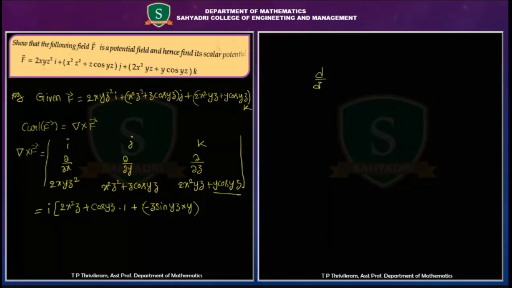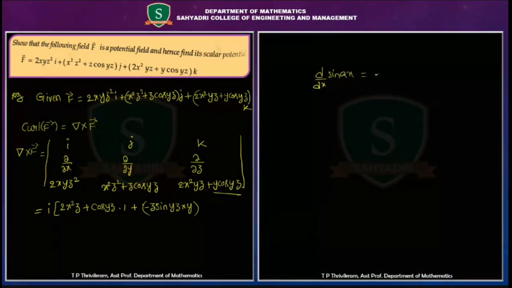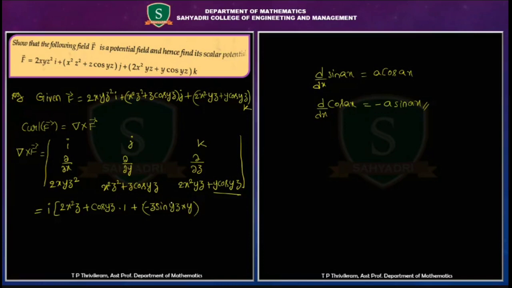So that's why you'll get this. Simple way is d by dx of sin ax is a cos ax, right? Similarly, d by dx of cos ax is minus a sin ax. Correct. So in the place of a, here z is there. So in that way I have written.